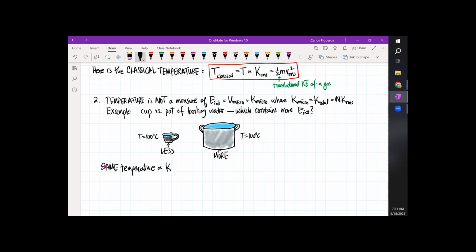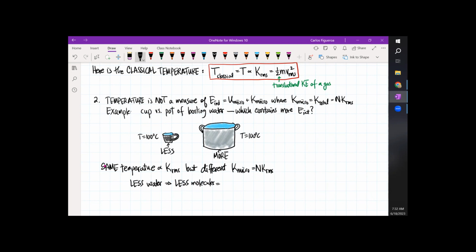because it's proportional to the RMS kinetic energy, but different K micro, which we already said is the total one. So this K micro must be N times KRMS. So then if I look at this thing, we can clearly say that if I have less water, then that means I have less water molecules.